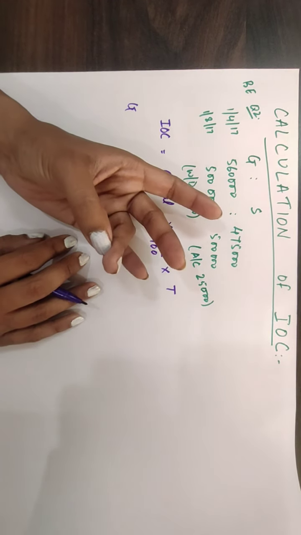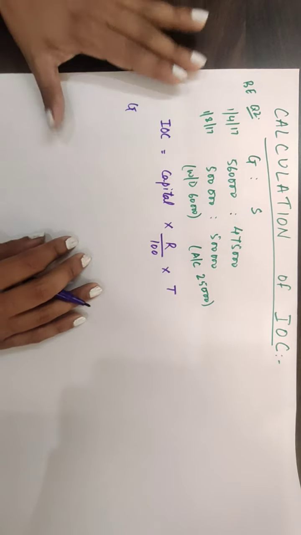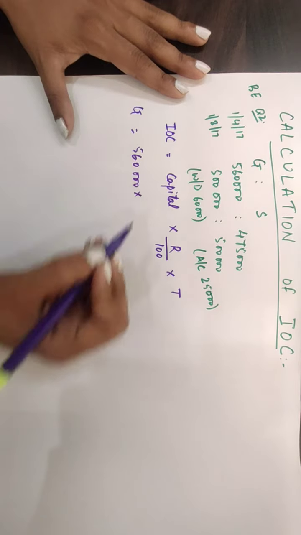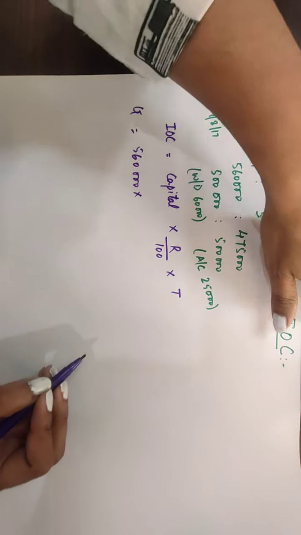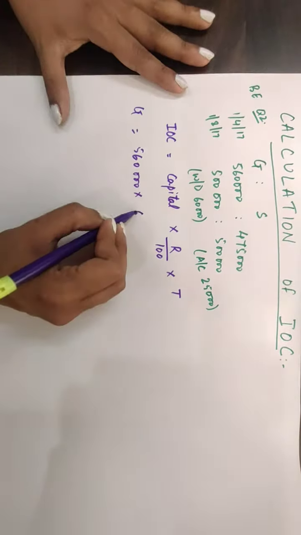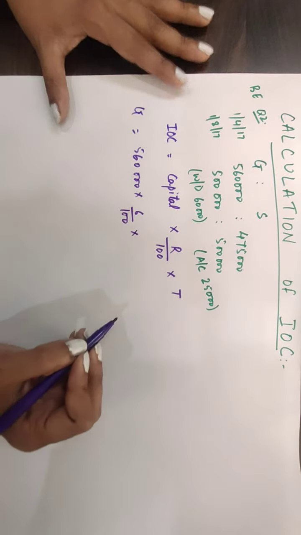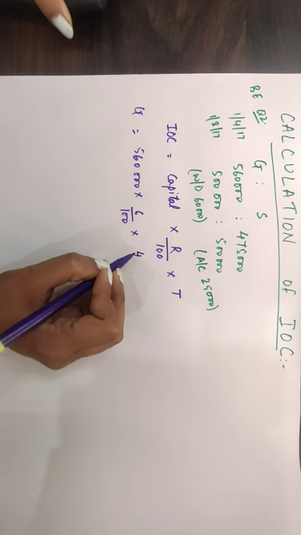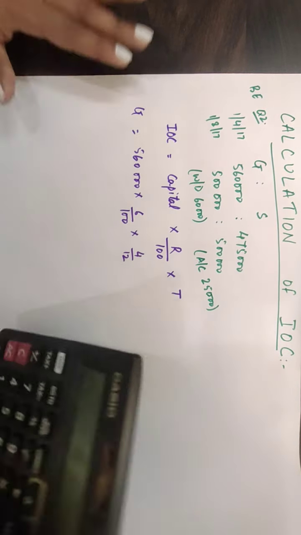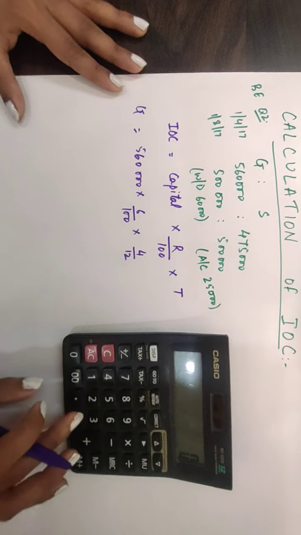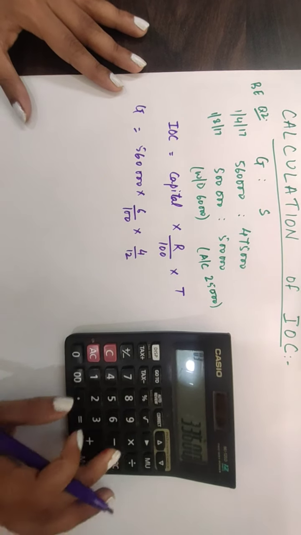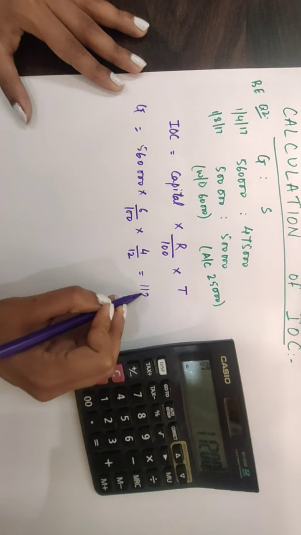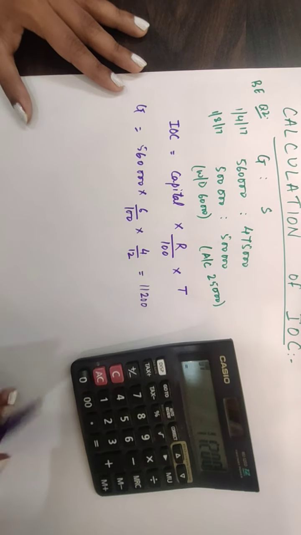Not August, because on 1st August he has changed, right? That means for 4 months Girish kept 5,60,000 as his capital. And please check out what is the rate in the question. It is 6%. So 5,60,000 into rate is 6%, and time we have already calculated is 4/12. Just do the calculation. 5,60,000 into 6% and into 4/12 gives you 11,200 for Girish, right?